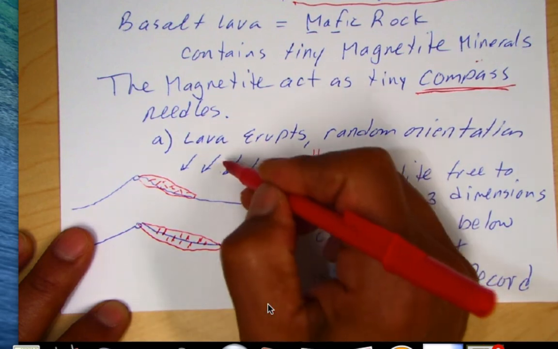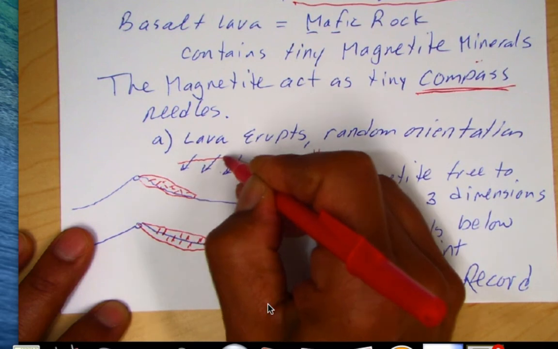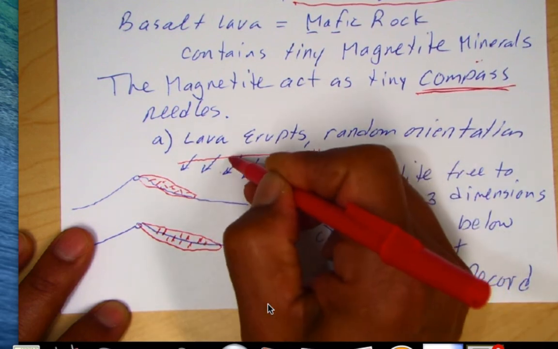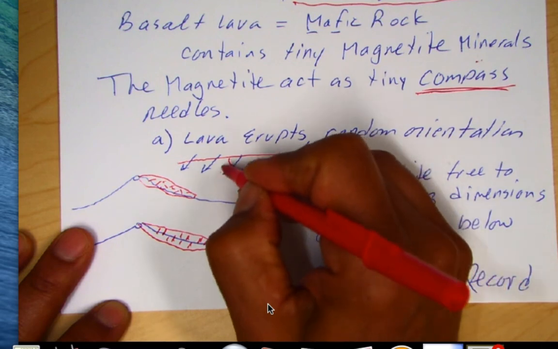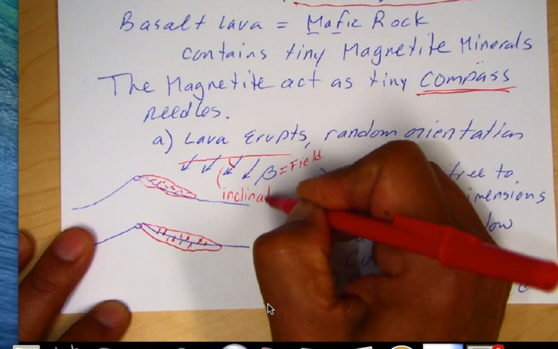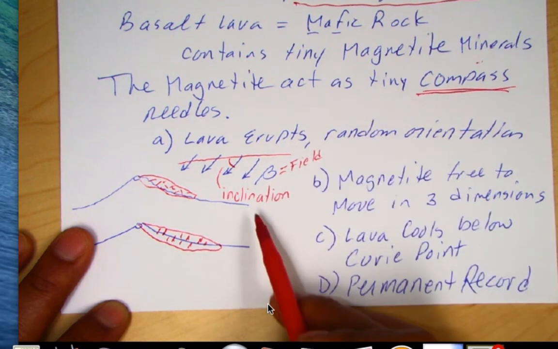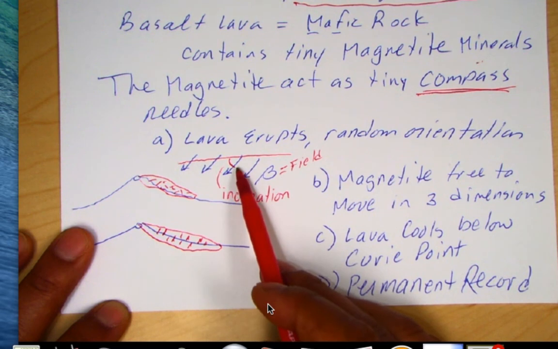And remember, if we could draw a horizontal line through here, remember the angle right here. That angle is the inclination.